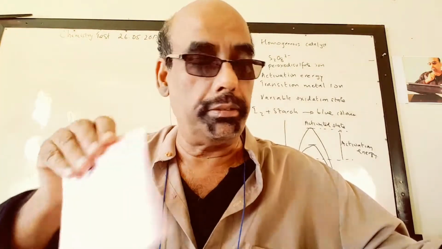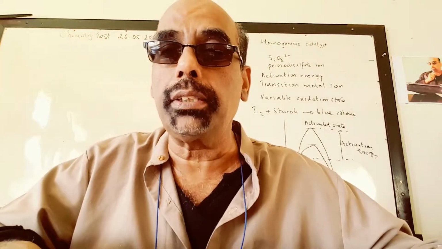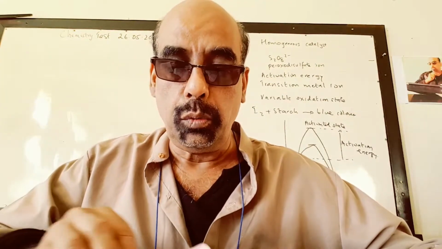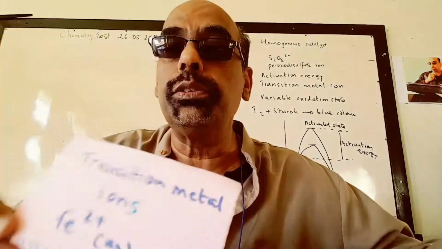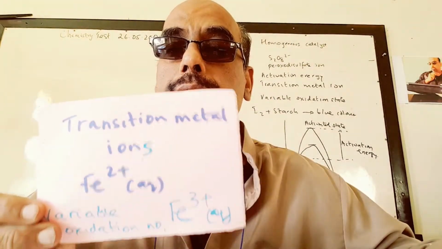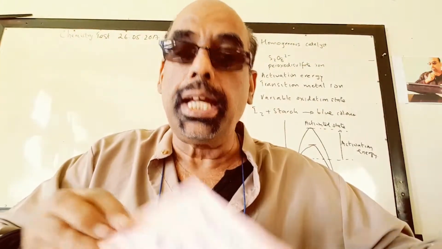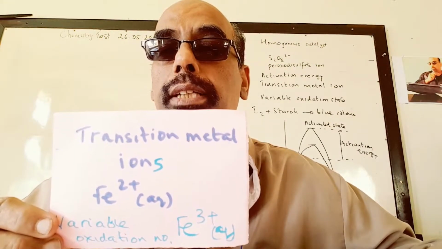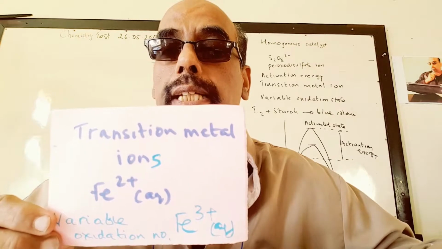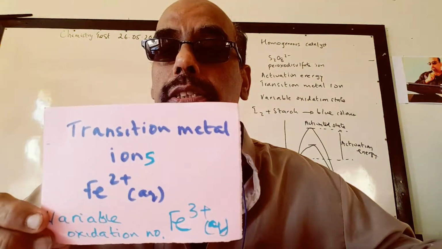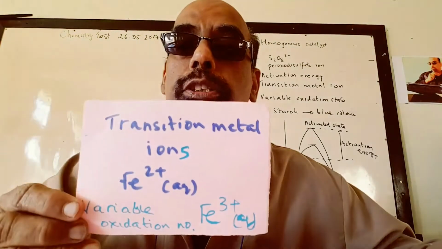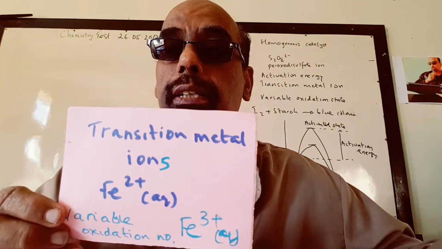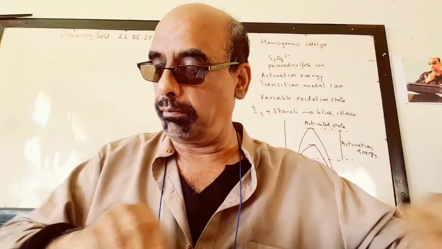In the reaction between peroxydisulfate ion and iodide ion, we can use iron(II) as a catalyst. Iron(II) can oxidize to iron(III) and iron(III) can reduce to iron(II). In a catalyzed reaction, the catalyst must remain unchanged at the end of the reaction.